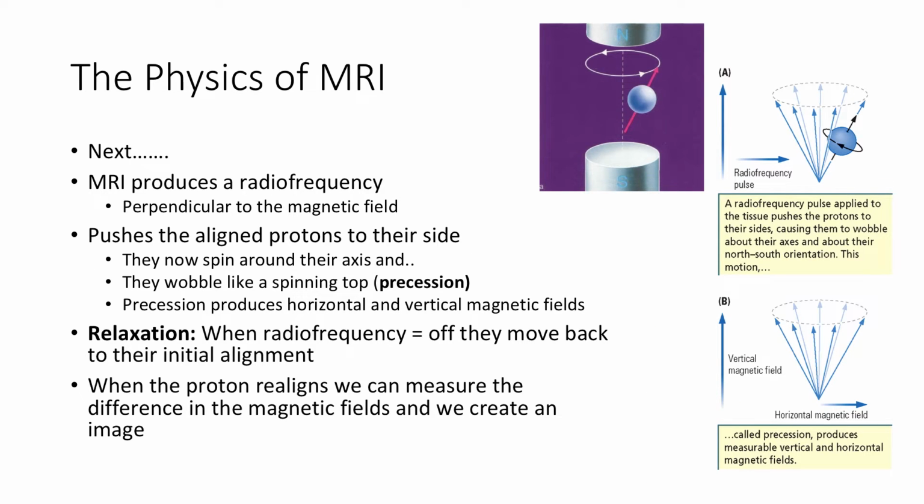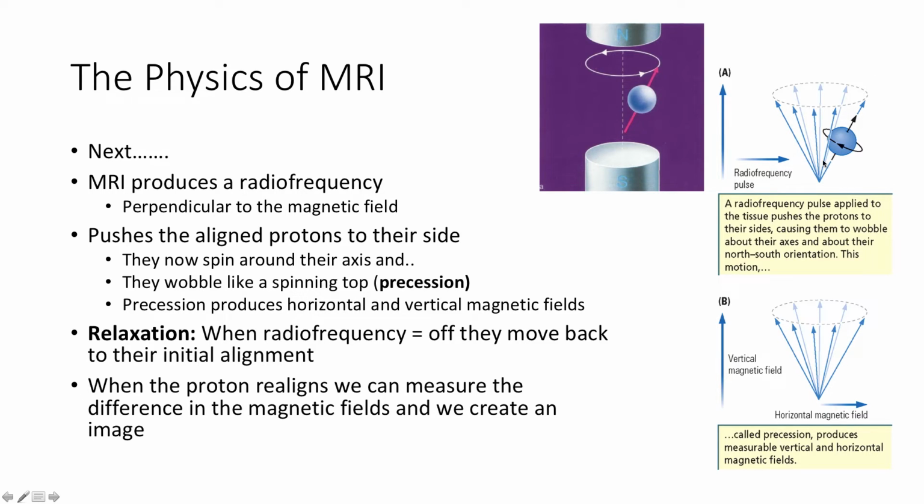That's not all. When we have a brief radio frequency pulse that comes from the football helmet I just talked about, when that brief radio frequency pulse is applied to the brain, perpendicular to the magnetic field, this technically pushes these protons on their side.